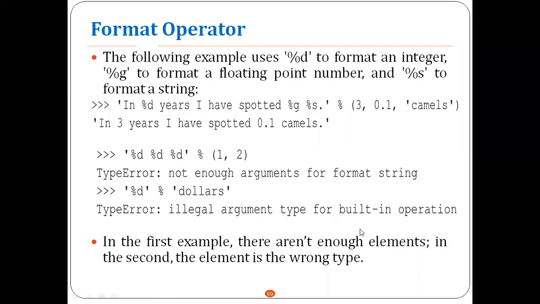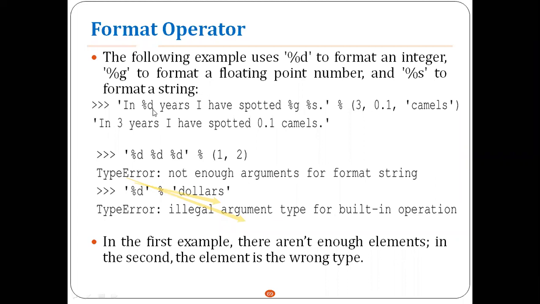So the following example is one more example. It uses percent d to format an integer, percent g to format a floating point number, and percent s to format a string. That is exactly what you have seen in C and C++, right? Each one of them will be mapped.